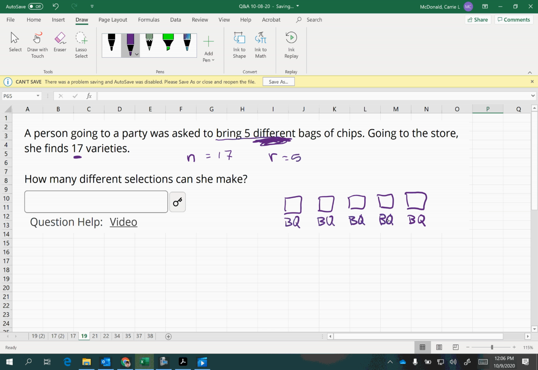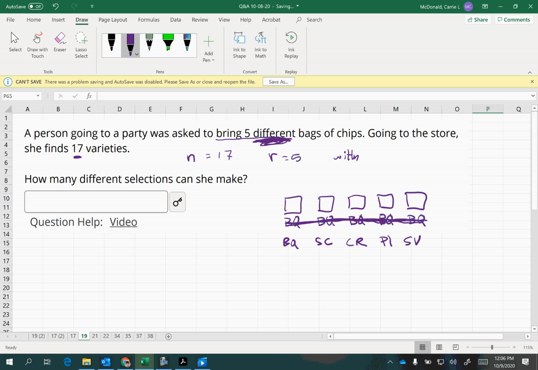So it wouldn't make sense to choose all of the same type or even 2 bags of any one type. So we want them to all be different. So maybe we want barbecue, sour cream and chive, Cool Ranch Doritos, plain, and possibly salt and vinegar. That would make sense, right? So we're going to do these without replacement.